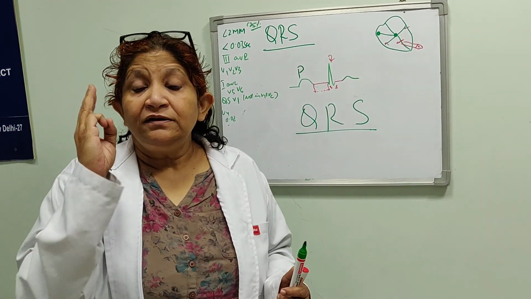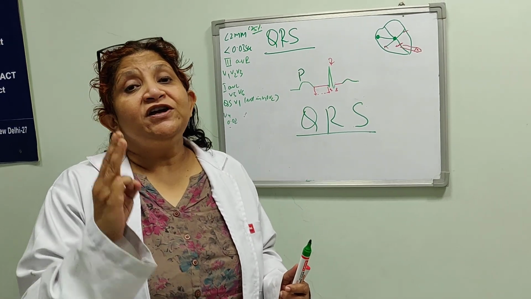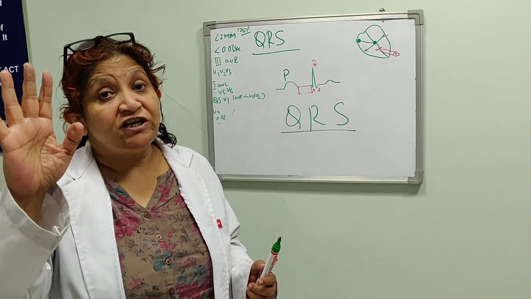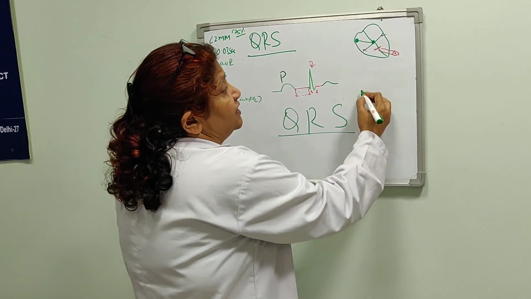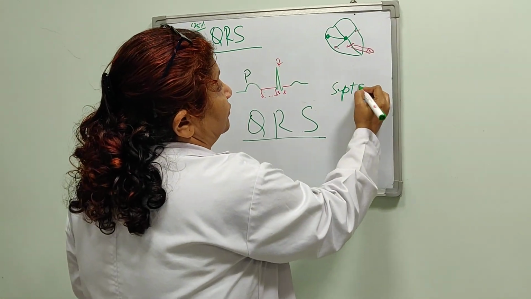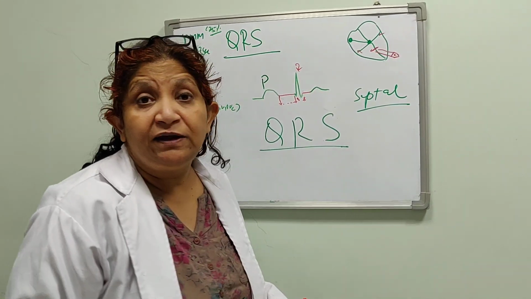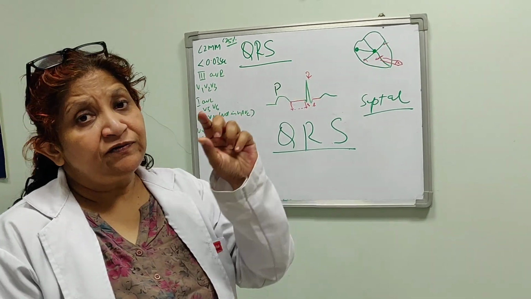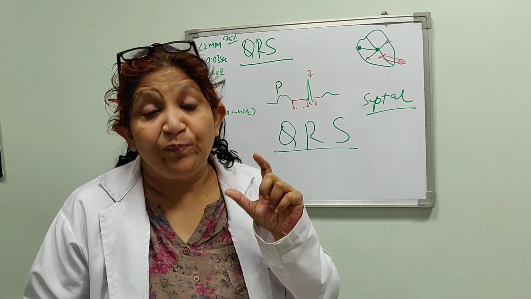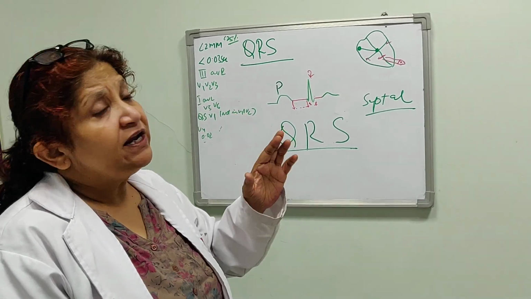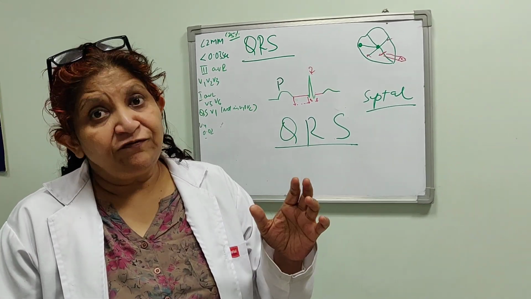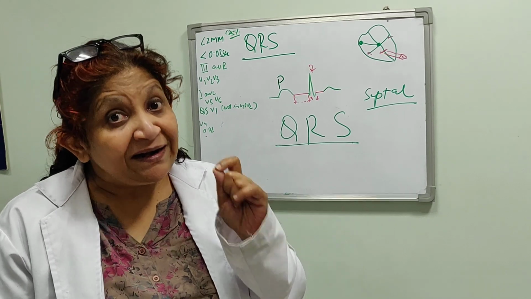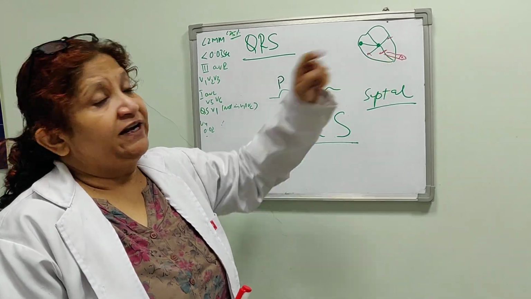Now we know that ventricular depolarization takes place in 3 stages. The first is septal depolarization, interventricular septal depolarization. Since the upper 2/3 of the interventricular septum is fibrous, the septal depolarization will start from the branch of the left bundle from the left side.